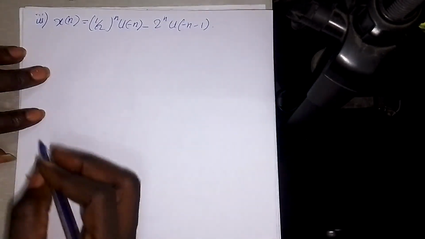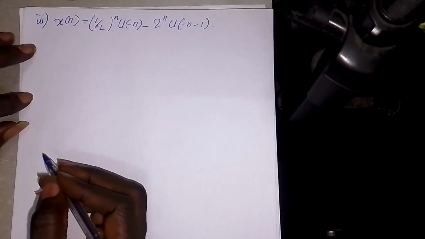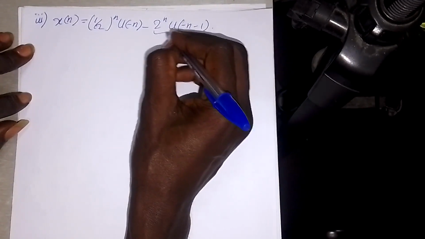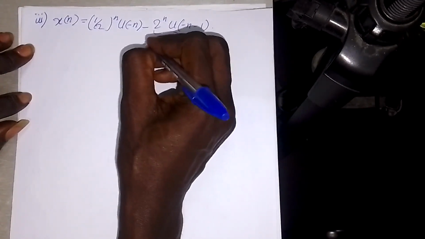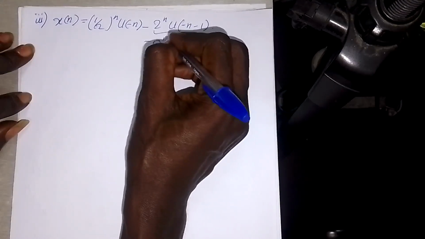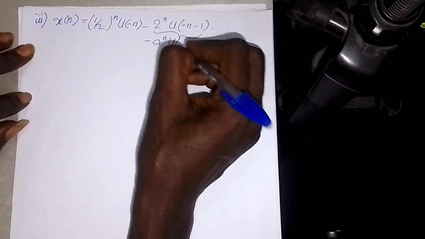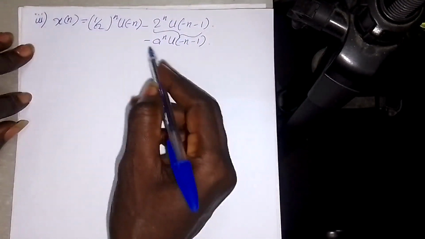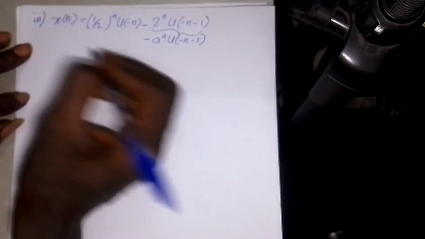Okay, so this is what we have to solve. This particular part is just like what we've done before in our earlier lectures: minus a exponent n, u of minus n minus 1. So if we have a sequence like this, how do we solve it?